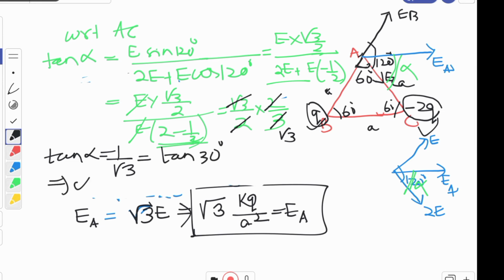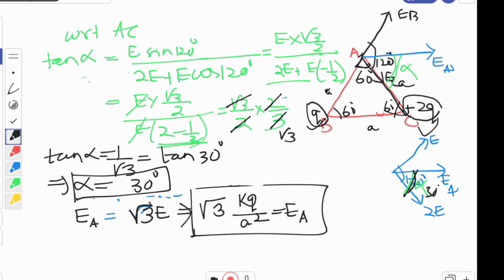This means your alpha is equal to 30 degree. So your resultant net electric field will make an angle of 30 degree with respect to AC. Okay, children? Hope it is clear.